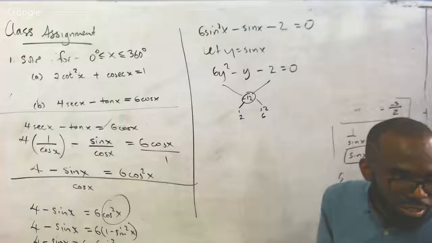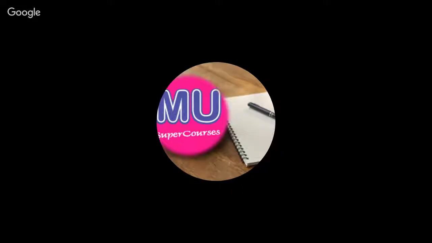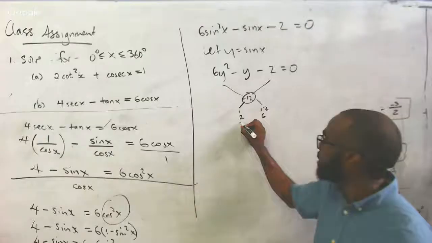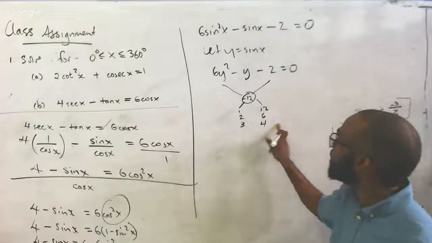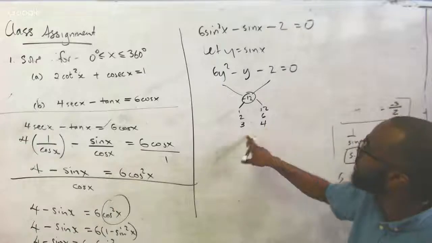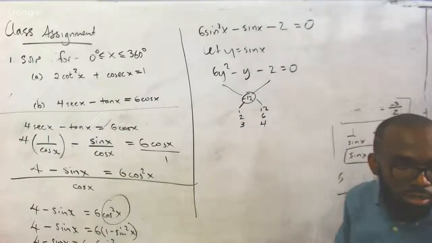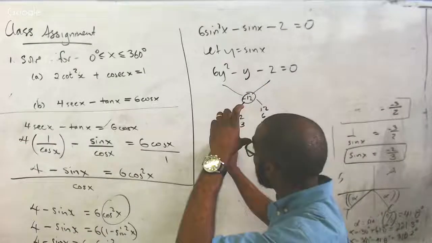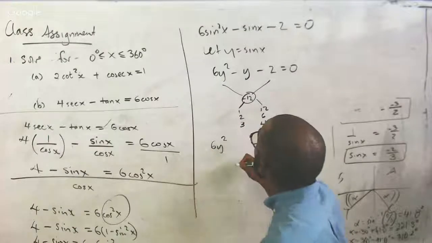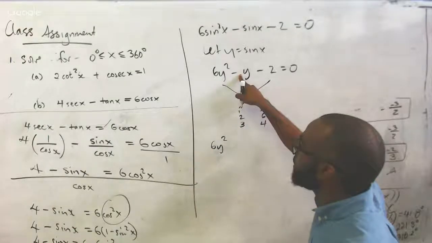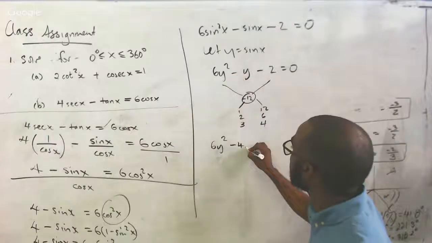You just go through 1, 2, 3 until you find the right factors. You see what I'm saying? Then this is 3 and 4, and clearly they can be subtracted to give me 1, right? So in this case, I'm getting 6y squared, and because the bigger one is negative, plus 3y minus 2 equals 0.